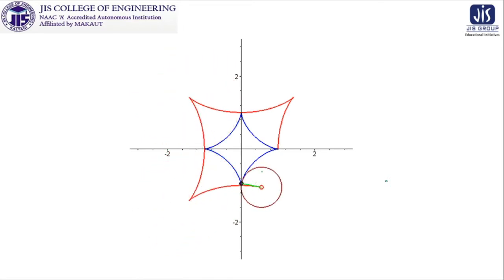The black point is moving along the blue curve, and there is a circle which grows bigger, then grows smaller, then diminishes, and then the same thing happens again. Those who attended the last class are acquainted with this circle. It is nothing but the osculating circle of this blue curve.